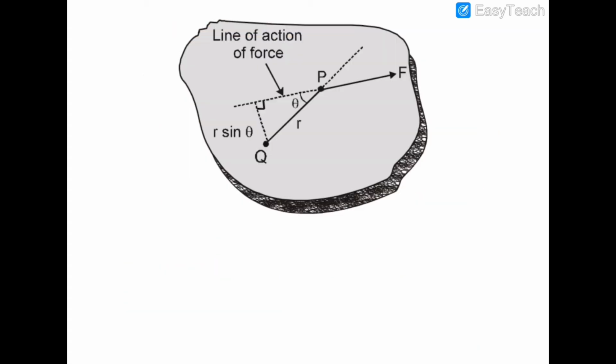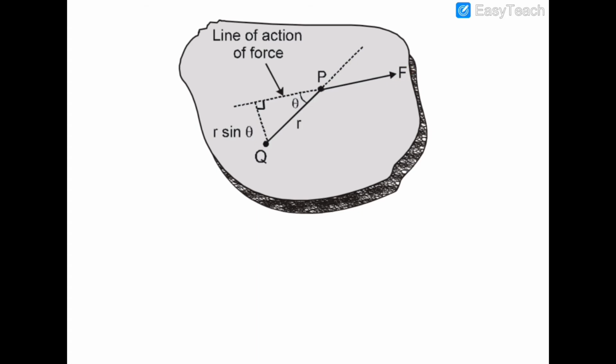Now in this case you can see that there is a point P on which a force F is applied, and there is a point Q about which we have to find out the torque of this force.